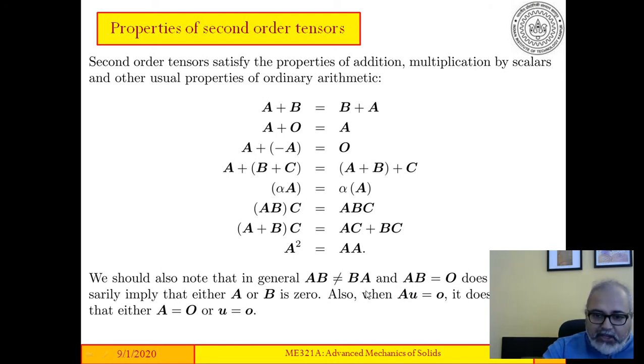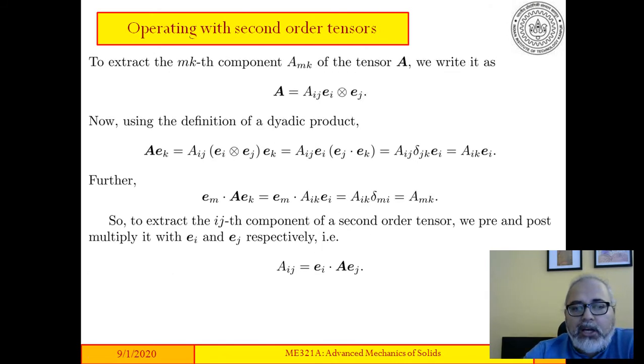So these are important caveats that you must remember that are different from vectors. Other than that, these are rules that any linear transformation has to obey, as you might have learned in linear algebra. Okay, now how do we operate with second order tensors?